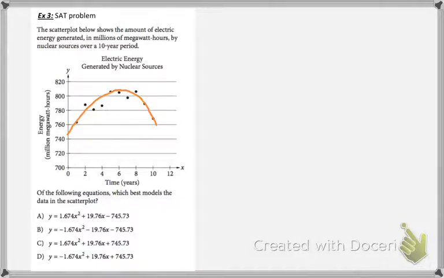And so if you look at the options, it says which best models the data in the scatter plot. All of these options are equations of parabolas in standard form. All of these are quadratic equations, so a good review on quadratics.